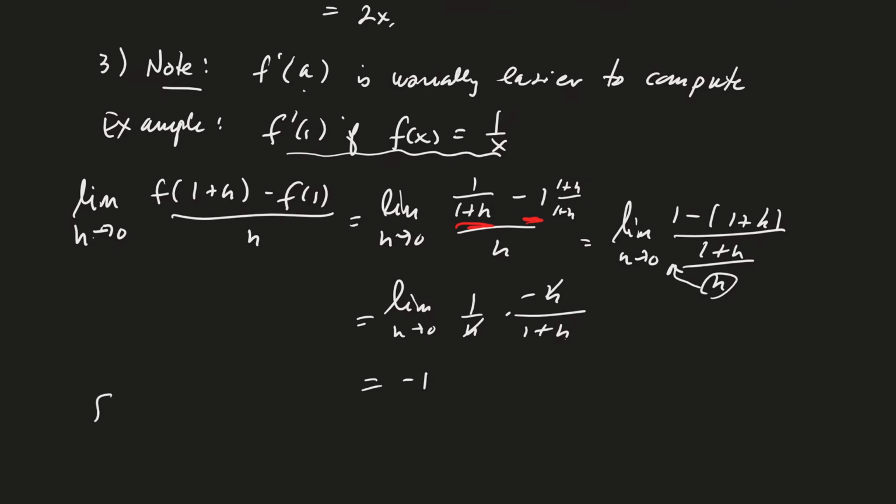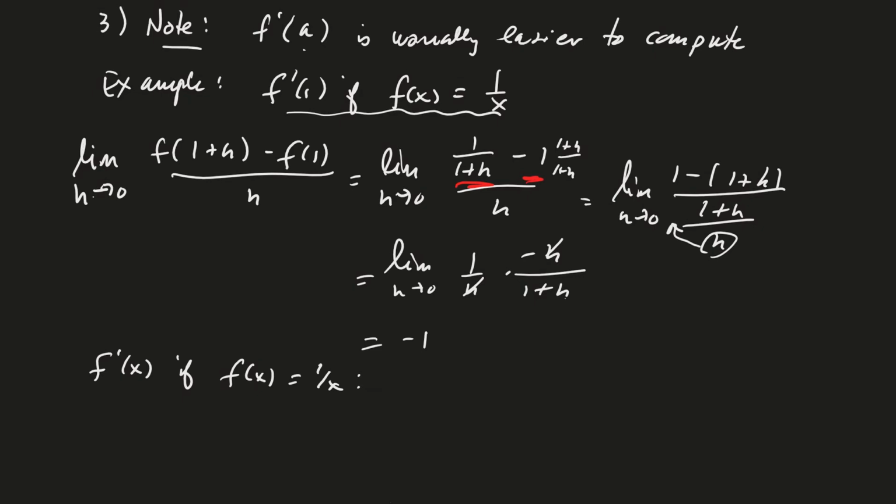Now I just wanted to compare that briefly. How would you compute f prime of x if f of x equals 1 over x? Okay, we're going to compare the two computations here. That would be the limit as h goes to 0 of f of x plus h, so that's going to be 1 over x plus h minus 1 over x divided by h. Okay, so that's going to be the limit as h goes to 0.